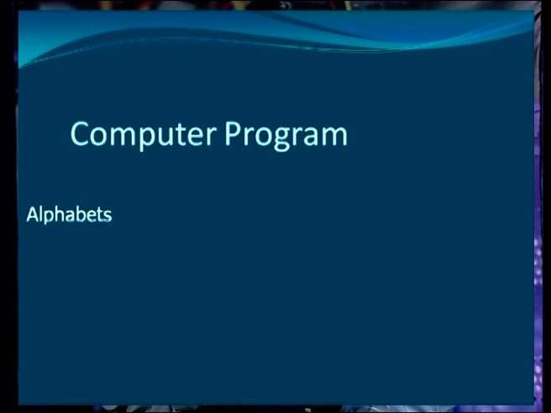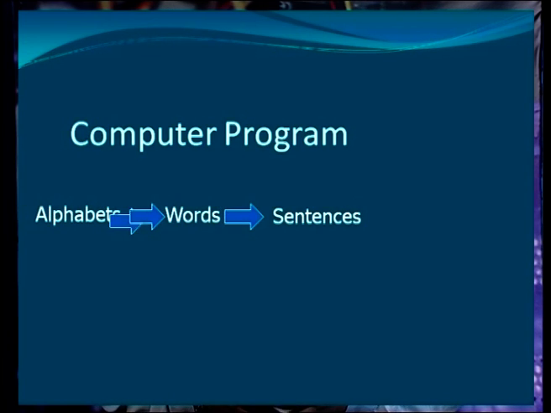These alphabets combine in legal manners to form meaningful words, and these words combine in a legal manner to form sentences, and these sentences combine in a legal manner to form paragraphs.